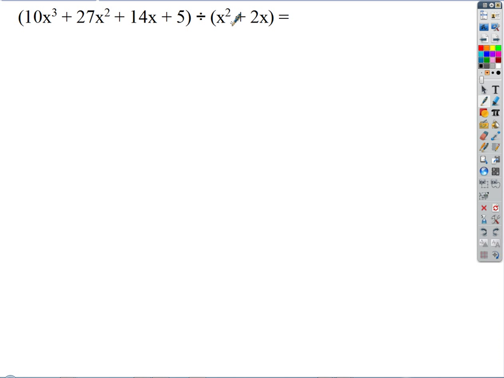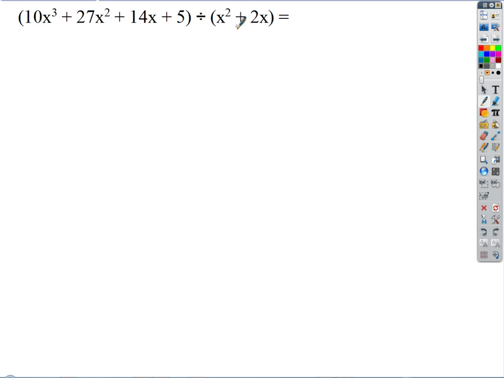Okay, so now, which one of those is the numerator? First one. Which one's the denominator then, obviously? Second one. Okay, so when we write this out, can we use synthetic division on this one? No. But why can't we? Because it's x squared. Okay, good, because the denominator has an x squared in it, right?